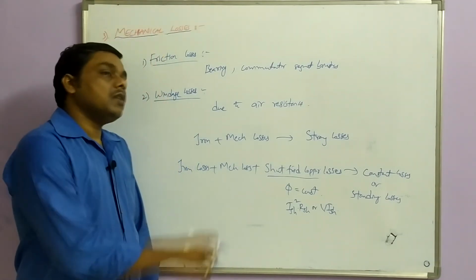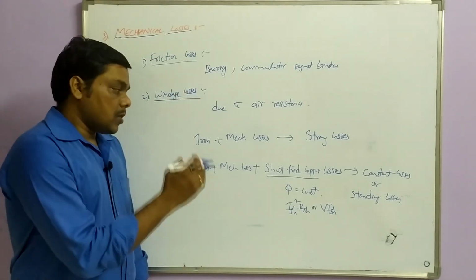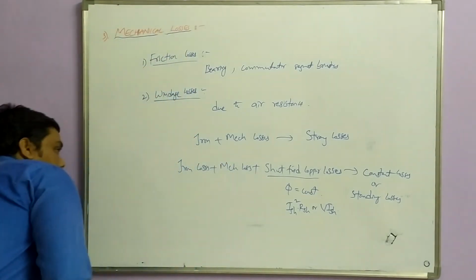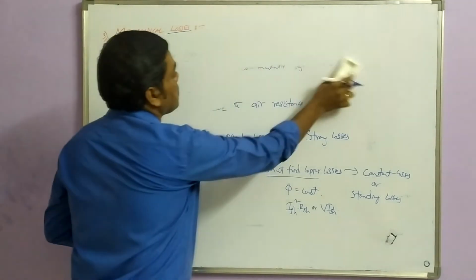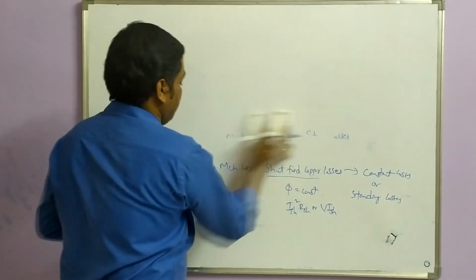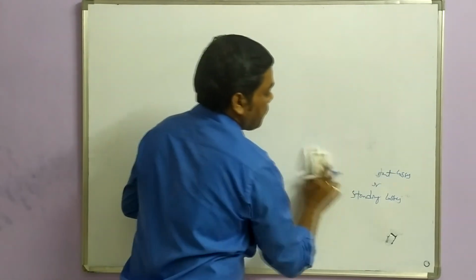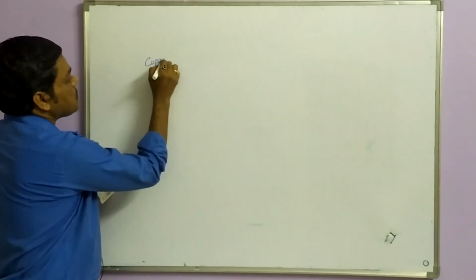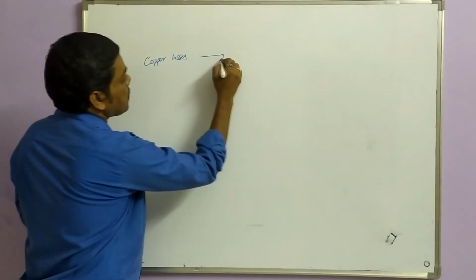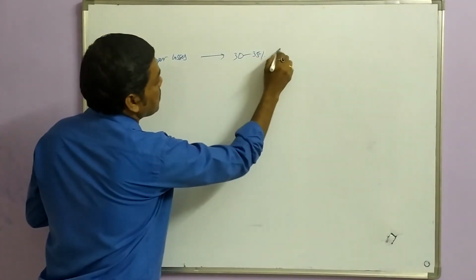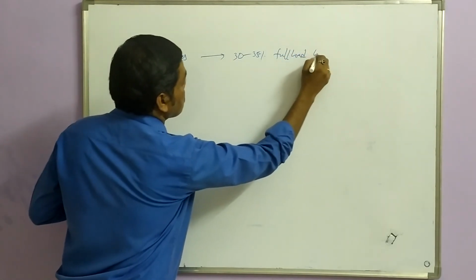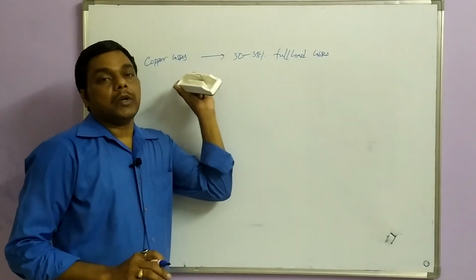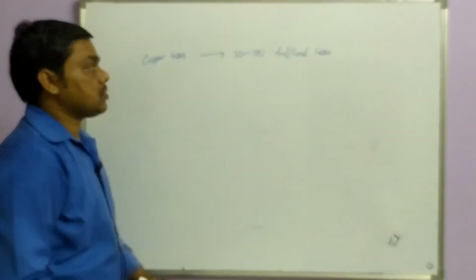Now if you distribute the losses among the copper losses, iron losses and mechanical losses: copper losses are 30 to 35% of the full load losses, that is, the losses due to copper, ohmic or I square R losses.